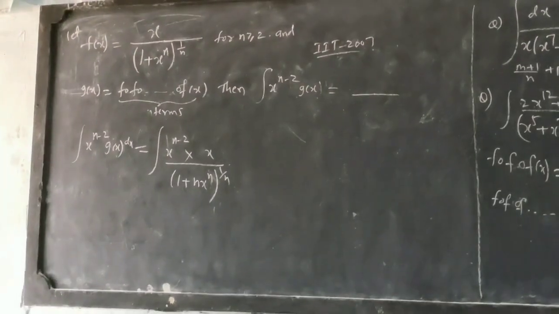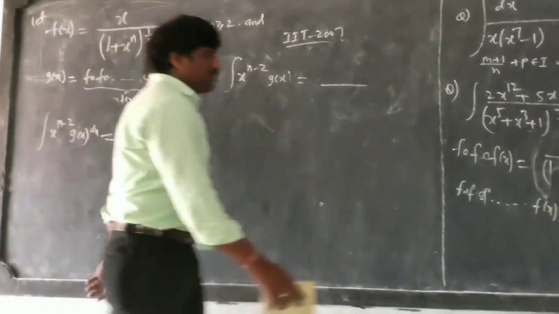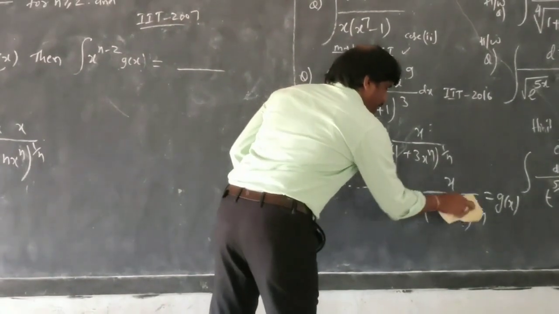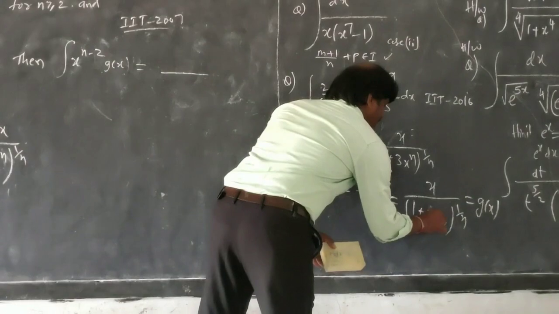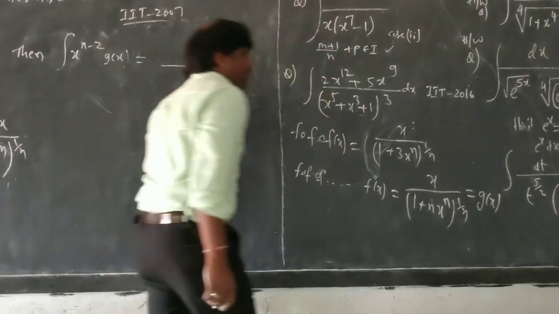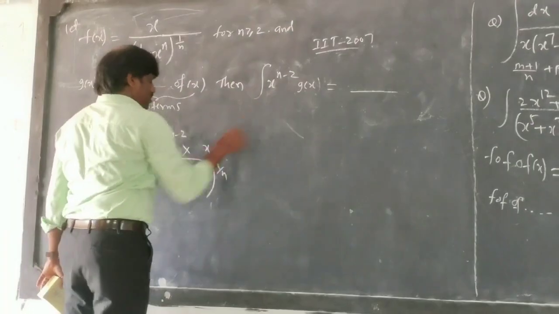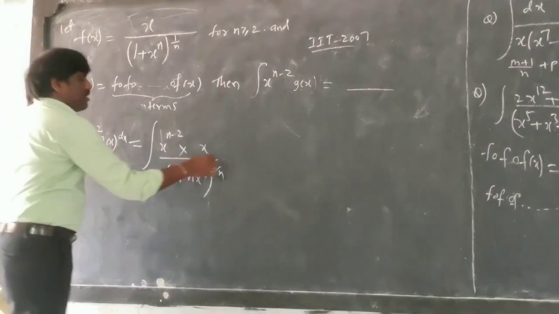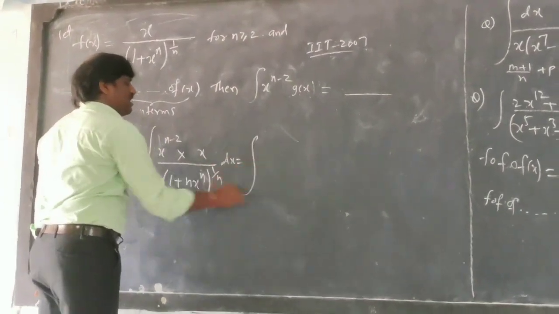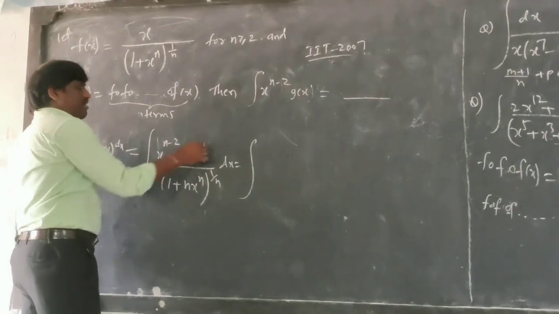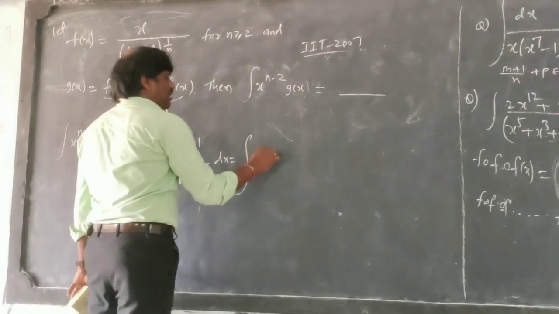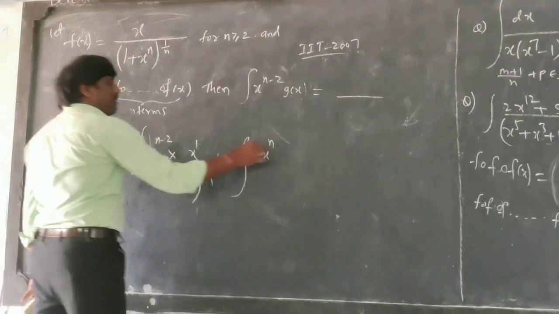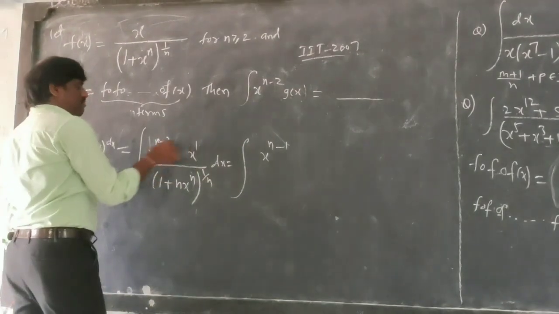That is what you have to do. Understood? So g of x I got this one, so I replaced g of x here. Finally this dx I can write as the integration of x power 1. If you add this one, I get the integration of x power n minus 1.